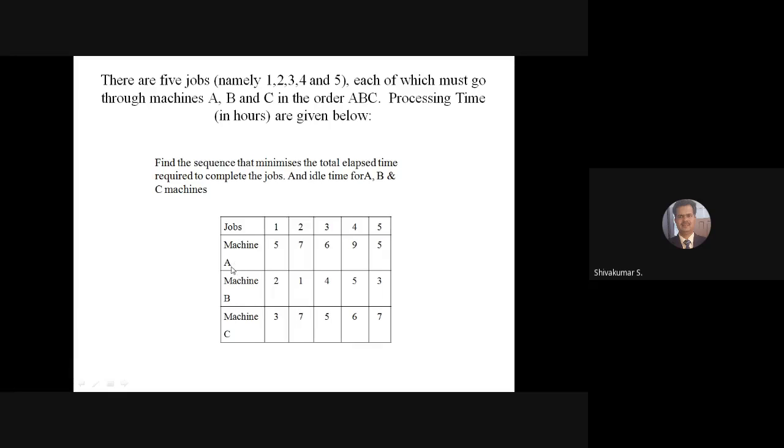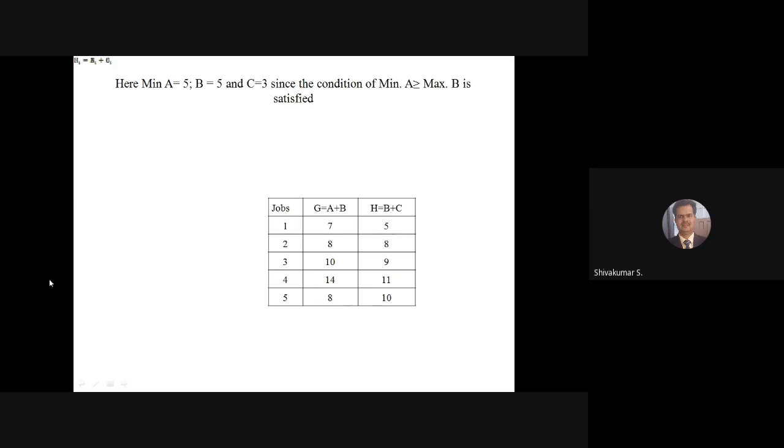You are going to combine the processing times of machine A and machine B and make this machine G, and you are going to add machine B and machine C to get one more machine H.